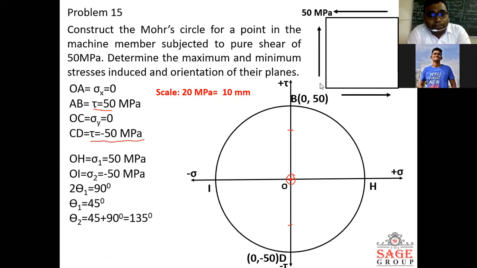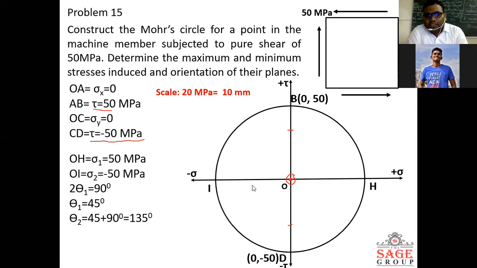In the future, if such a numerical comes in your competitive examination or anywhere, you need not solve it. Directly it will be sigma 1 and sigma 2.